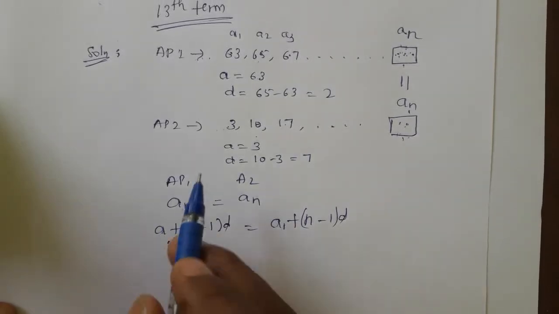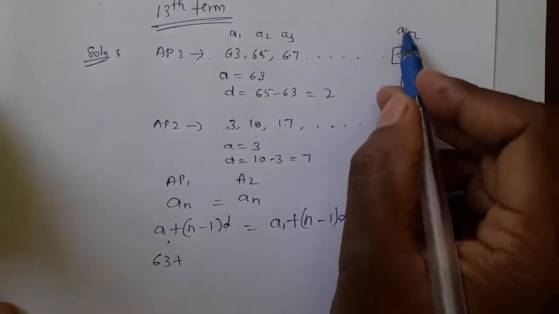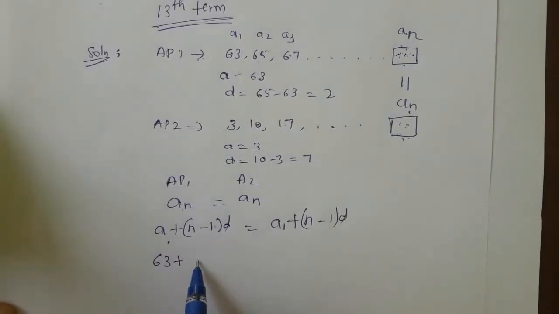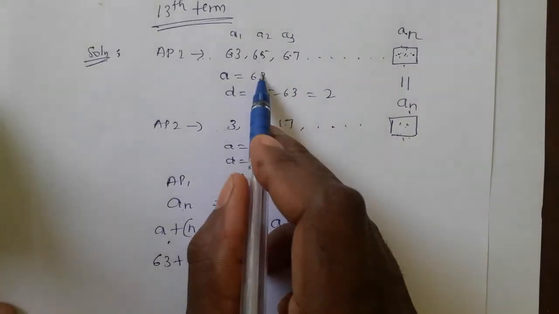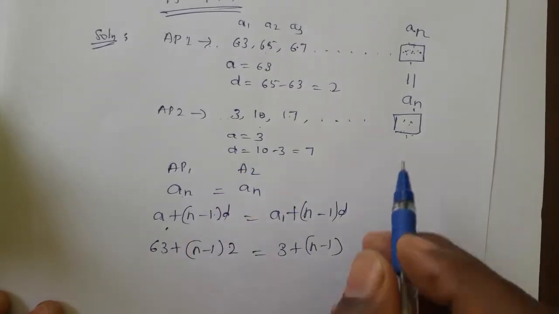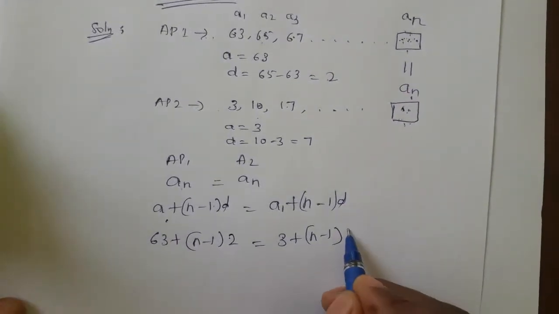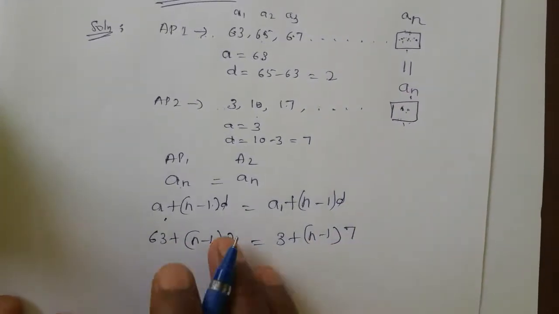The first AP's a value is 63, plus n minus 1, because the position is unknown, and d is 2. Then we go to the second AP. Second AP has 3 as the a value. The n value is still unknown, because the n value of both the APs is the same, and that is what we are finding. Sorry, 7 is the d value.